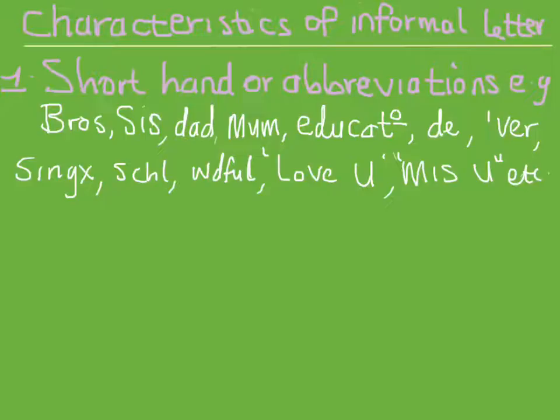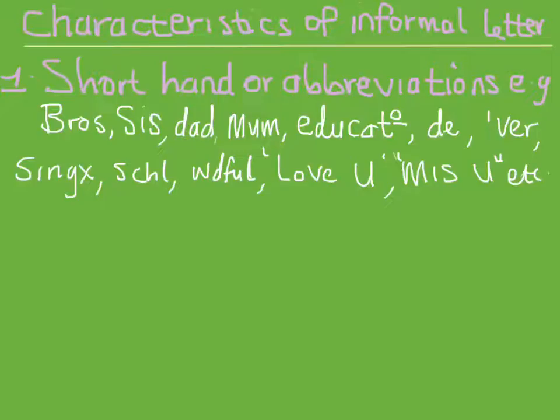And if we look at these words that have been written down, we will discover that they have been written in shorthand. Bros is used there to represent brother. Sis is used there to represent sister. Education is presented in an abbreviation, DE, DE to represent there, and apostrophe VER to represent over.